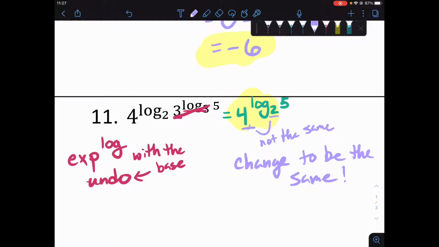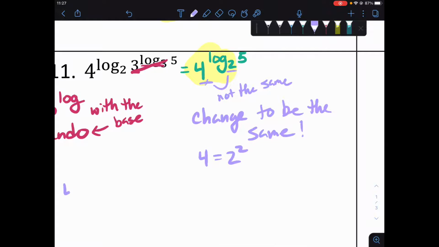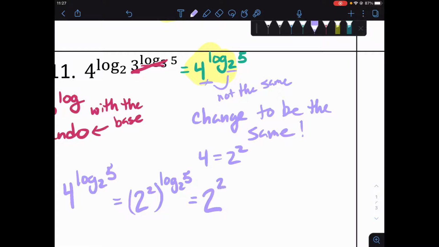We can change that 4, right? 4 is 2 squared. So I'm going to rewrite this. We had 4 to the log base 2 of 5. Well, 4 is really 2 squared, so I've really got 2 squared to the log base 2 of 5. Properties of exponents tell me that this is 2 to the 2 times log base 2 of 5.